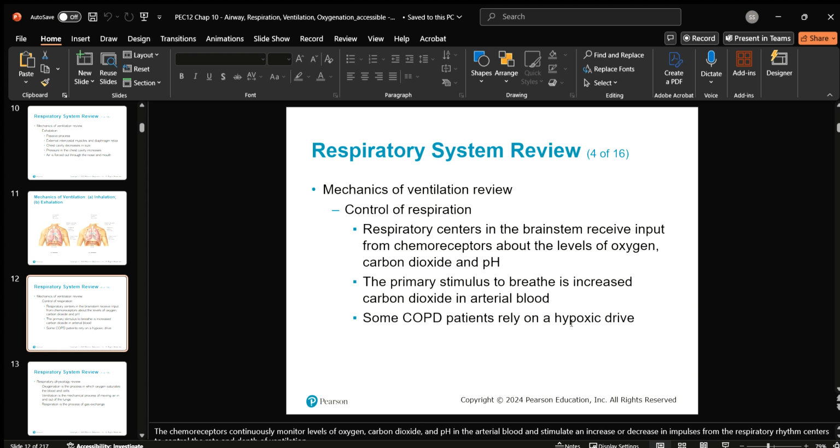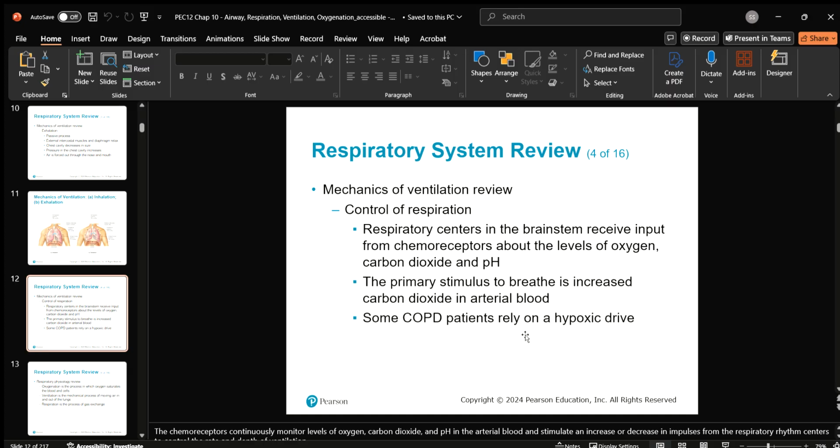Well, your average individual has a hypercapnic drive. What that means is when your CO2 builds up too high in your blood, your brain then tells you to take a breath. That's different from COPD patients.